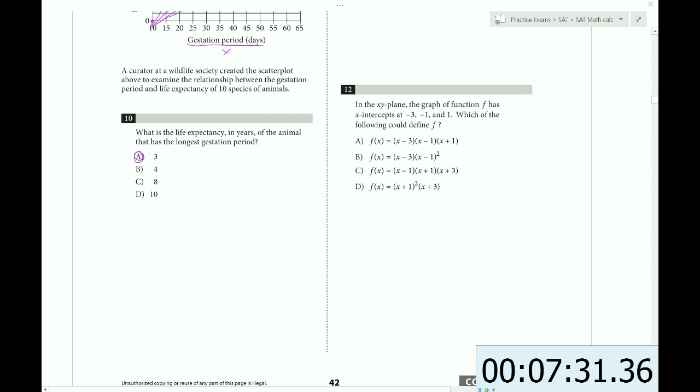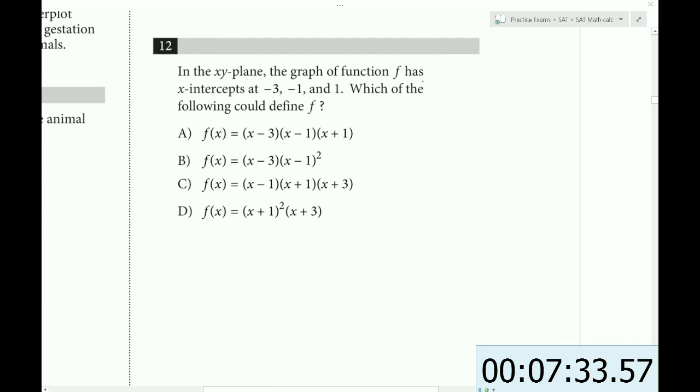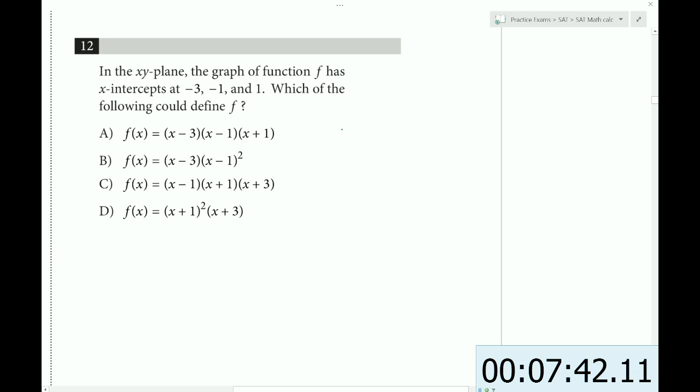All right. In the xy plane, the graph of the function f has x-intercepts at -3, -1, and 1. Which of the following could define f? So those are basically our zeros. So x equals -3, x equals -1, x equals 1.